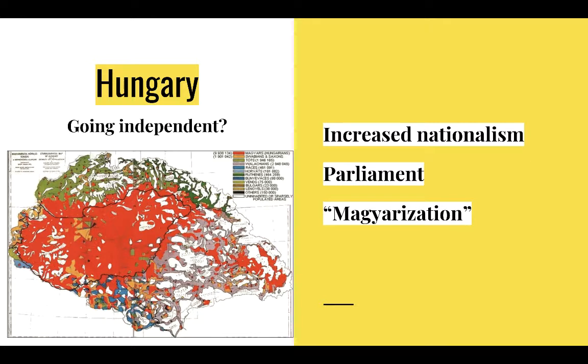They're going to do a lot of programs to push forth Hungarian culture. And we're really going to see the separation between Hungary and Austria getting more relevant. Of course, we're going to see really the end of that in World War I, but this is a big thing that we're going to continue to see develop.